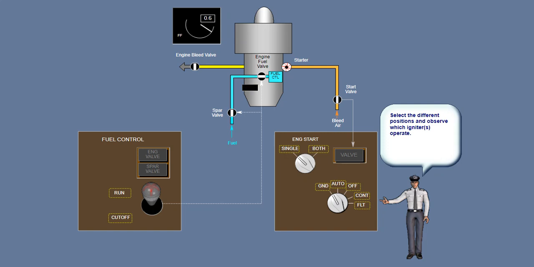With the start selector in ground, auto, or continuous, the single position of the ignition selector operates only one igniter. However, with the start selector in flight, both igniters on both engines are active, regardless of the position of the ignition selector.